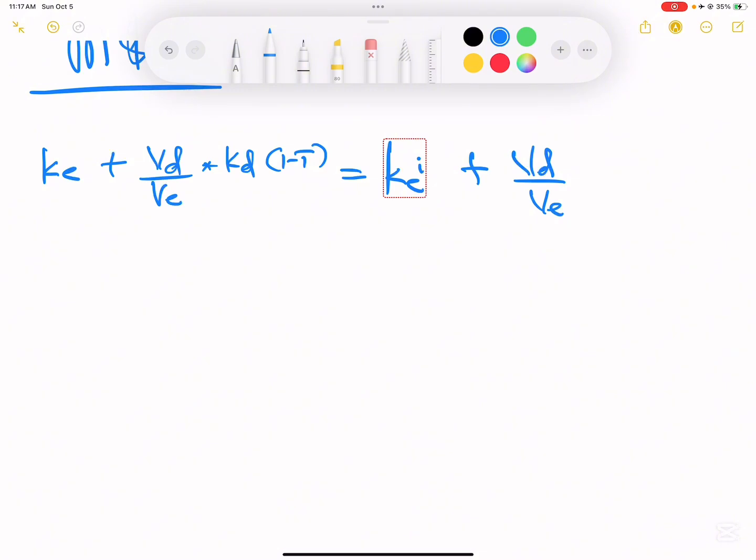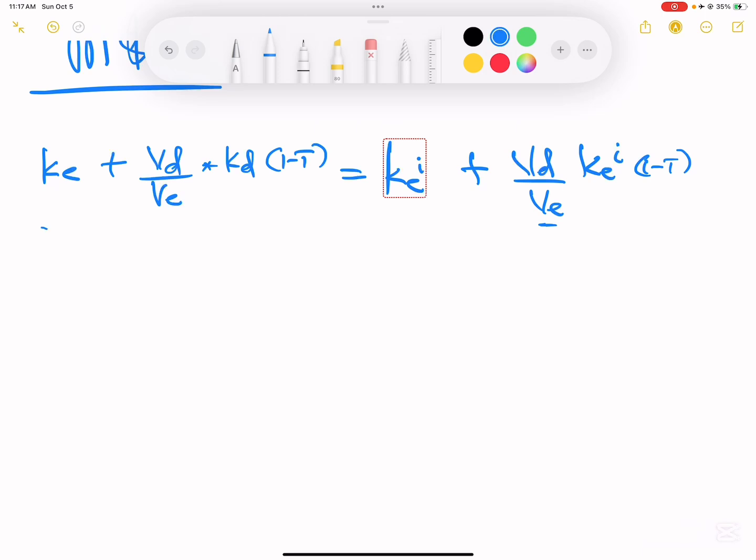But this time around, multiply by cost of equity because it's an ungeared company. Then the volume of debt that we already put, times (1 minus T). Still going to put it because of the volume of debt here.